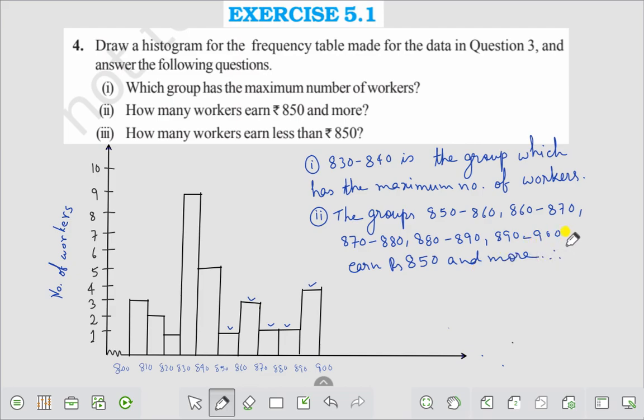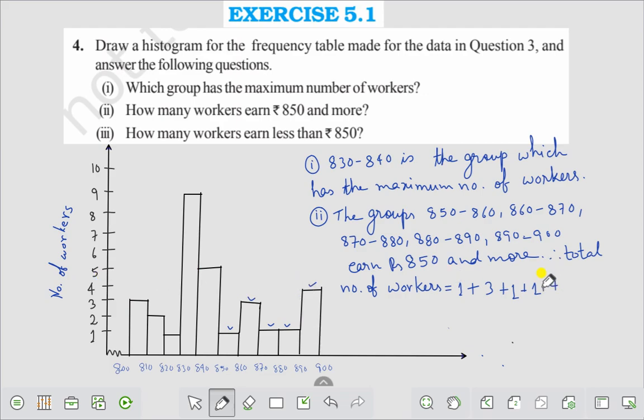Therefore, the total number of workers is equal to, you see, this group is 1 plus this group is 3 plus this group is 1 plus this group is also 1 plus this group is 4.